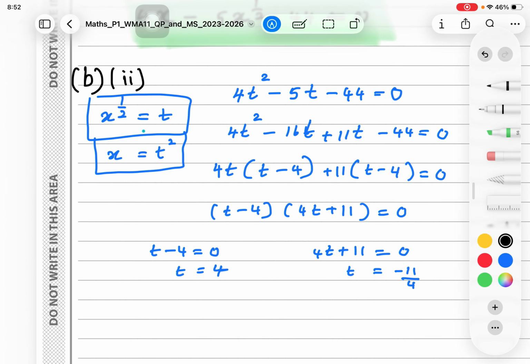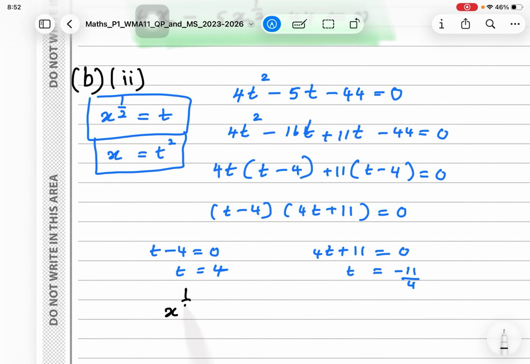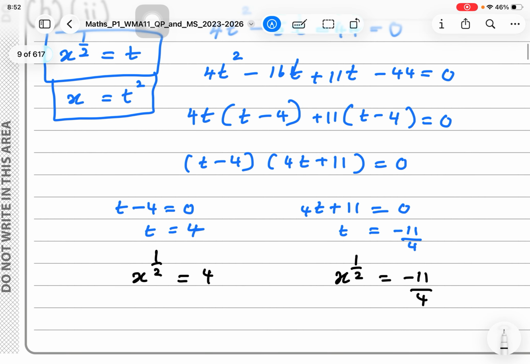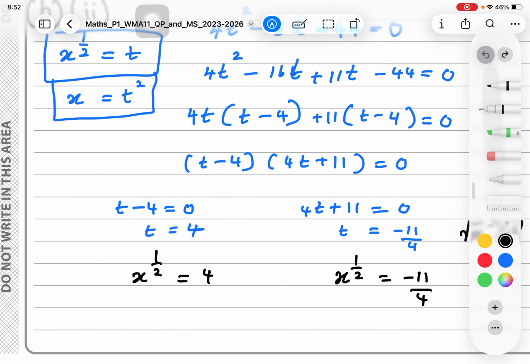Once we have the t answers, we can come back to our x's. t is none other than x to the power half, which is root x. Root x will be greater than or equal to 0 because x was itself positive, so we can't have negative 11 divided by 4.